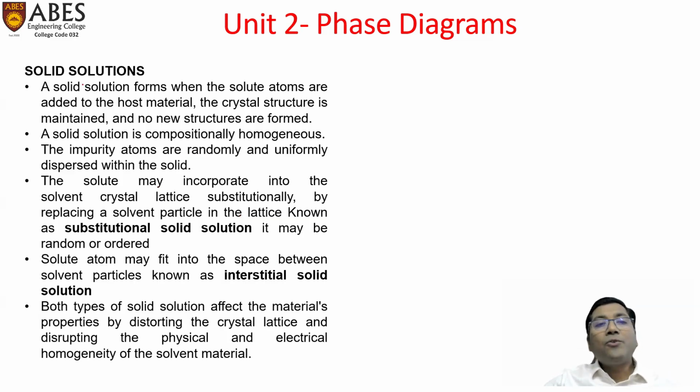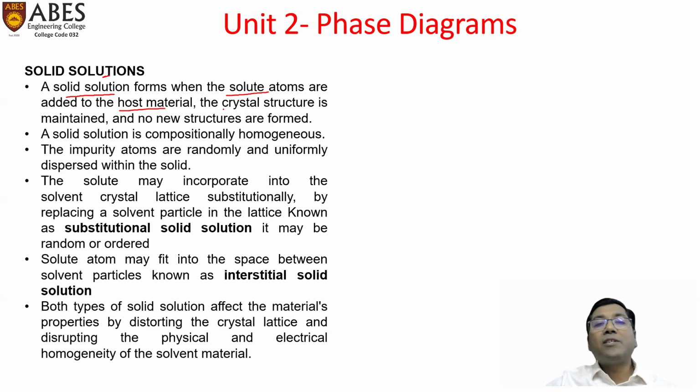Then what are solid solutions? A solid solution forms when solute atoms are added to the host material. The element whose number of atoms is less is called the solute, and the element whose atoms are more is called the solvent. The combination of solute and solvent is a solid solution, where solute atoms are added to the host material.